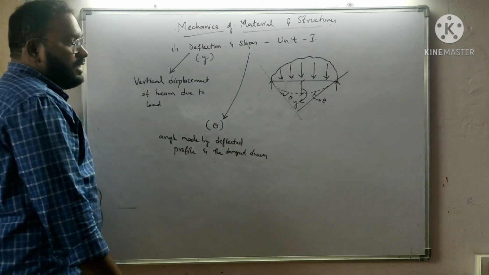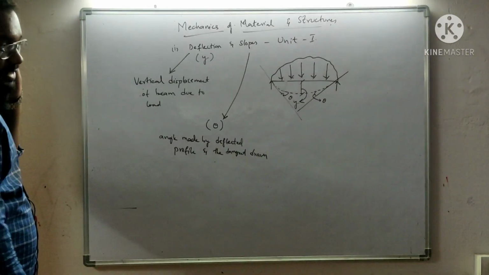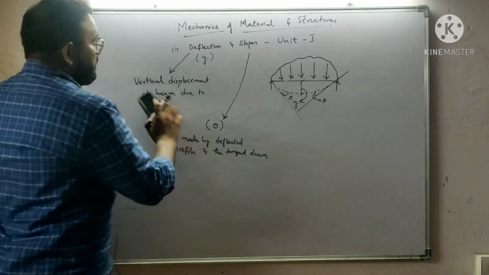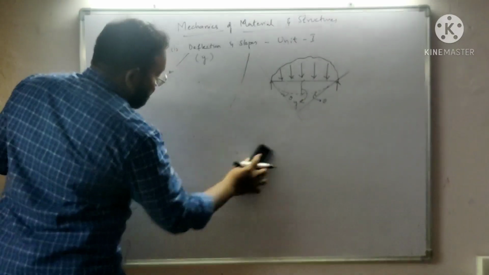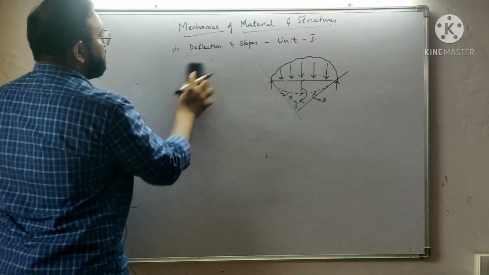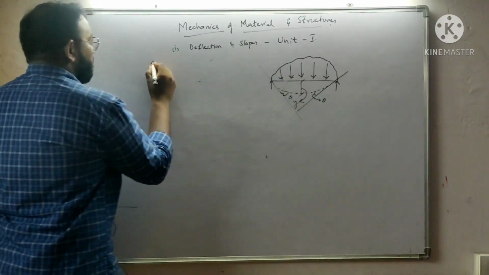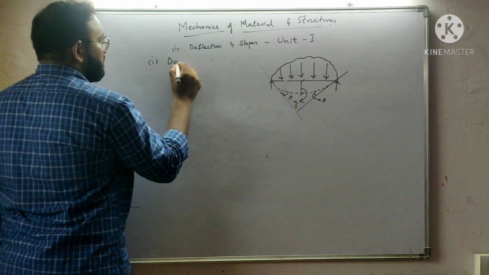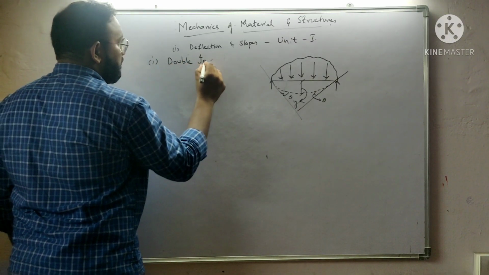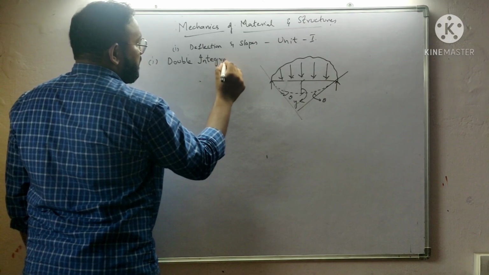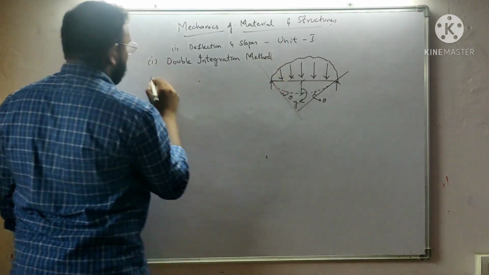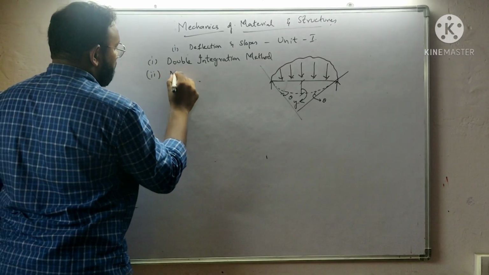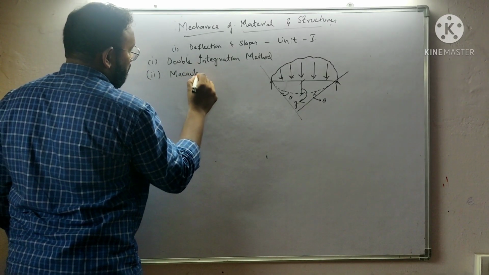Next, we have 4 methods to calculate slope and deflection in beams. The first one is the double integration method. Second is Macaulay's method.